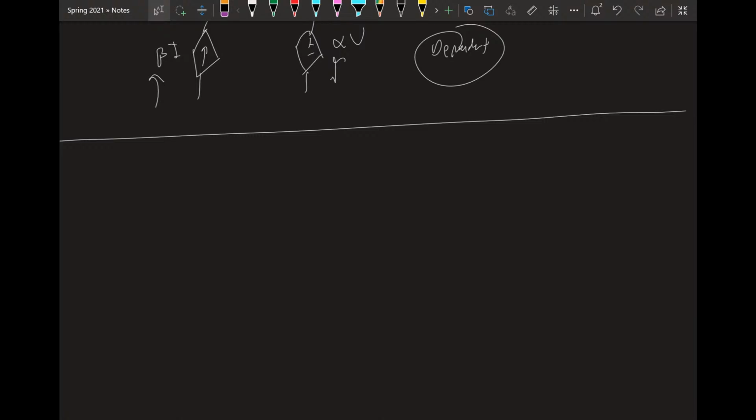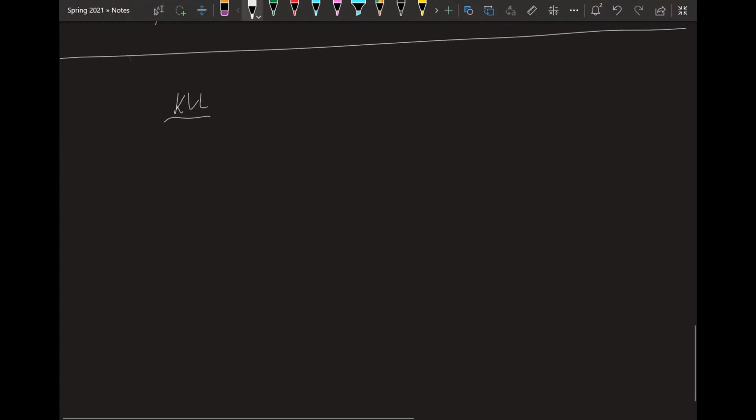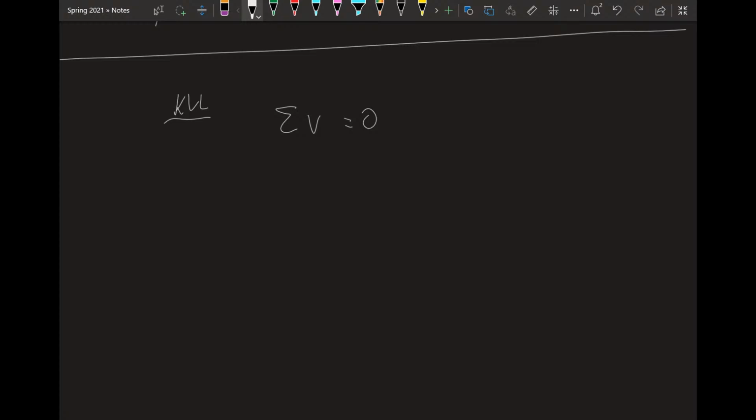Talk about Kirchhoff's laws. Let's start with KVL, Kirchhoff's voltage law. Kirchhoff's voltage law is the sum of the voltages around a closed path is equal to 0, right? Fairly simple. Let's just draw an example. Let's say we have V1, which is minus, and V2, and V3.